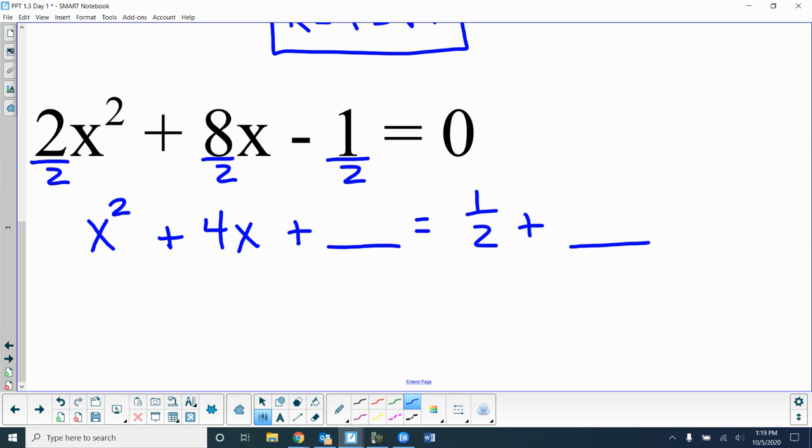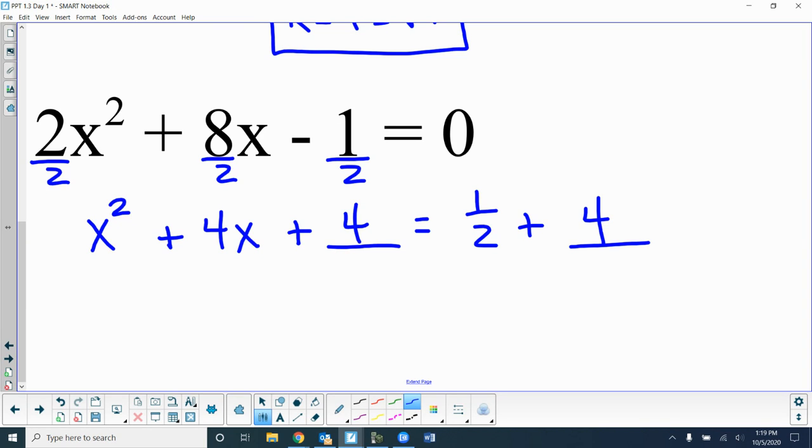What's the b, the 1 after I divided by 2? Yeah, so 4 over 2 squared. So what does that equal? Good. Thank you. So again, the b value, after we divide it by 2 to get it ready, is 4. So 4 divided by 2 is 2. 2 squared is 4.